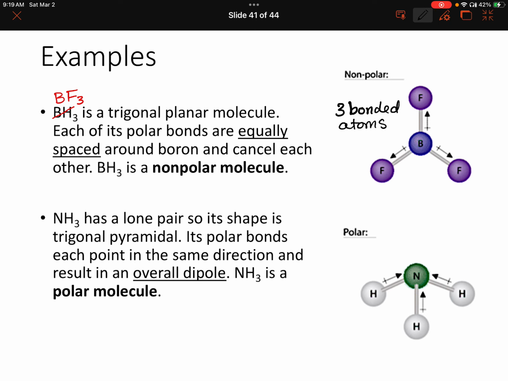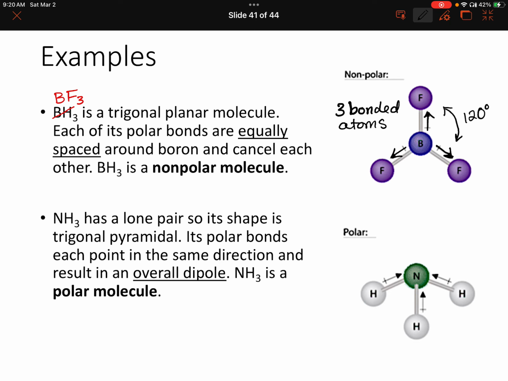Now remember, previously we did see this shape and we said that the atoms in a trigonal planar molecule are all 120 degrees apart. So those fluorines are equally spaced around boron. So if we were to look up the boron-fluorine electronegativities, we would find that fluorine really likes electrons compared to boron.